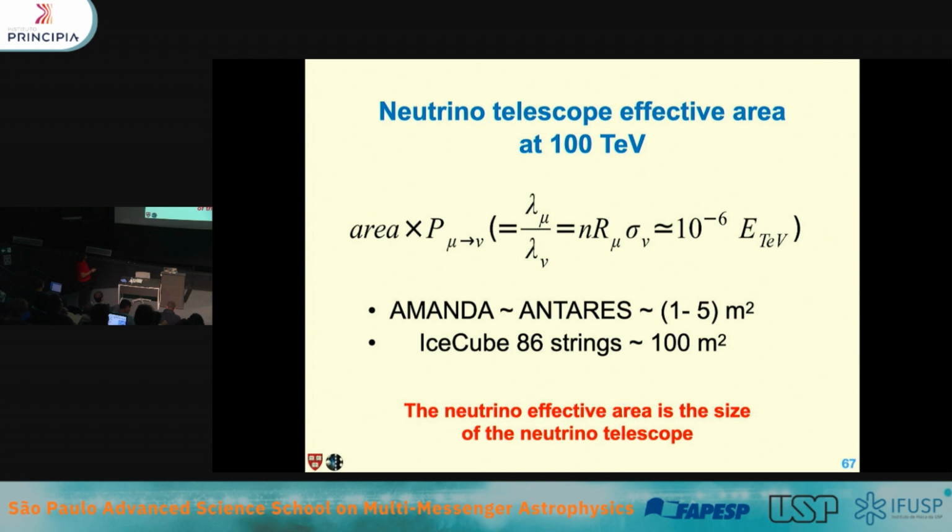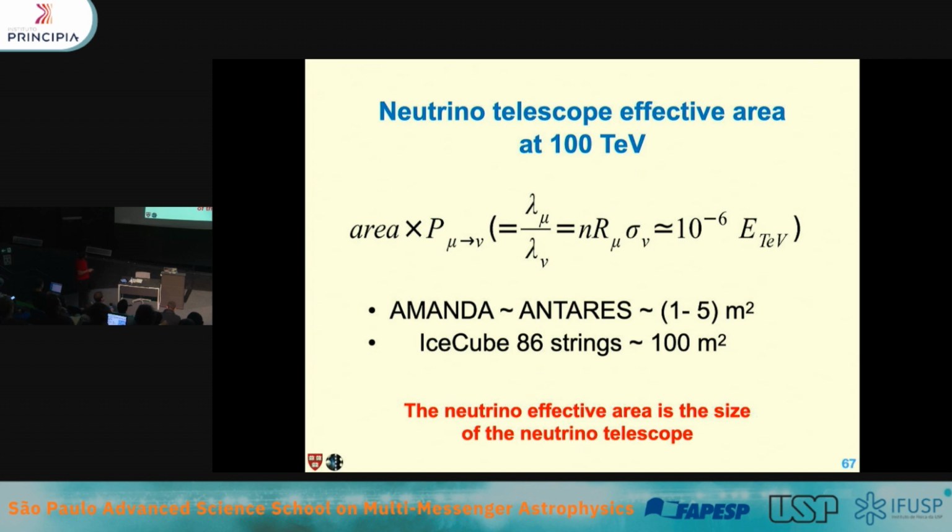If we talk about first generation neutrino telescopes like Amanda or Antares at 100 TeV, we're talking about somewhere on the order of 1 to 5 meters squared. And for IceCube, we're talking about the order of 100. This could be lower or higher depending on the efficiency or purity of my sample.